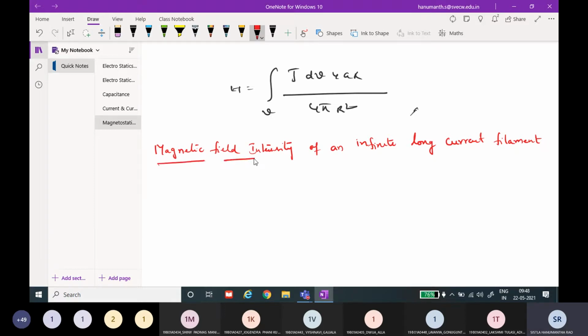Magnetic field intensity of an infinite long filament current. I want to represent that H is equivalent to... For that, I should consider it like this.